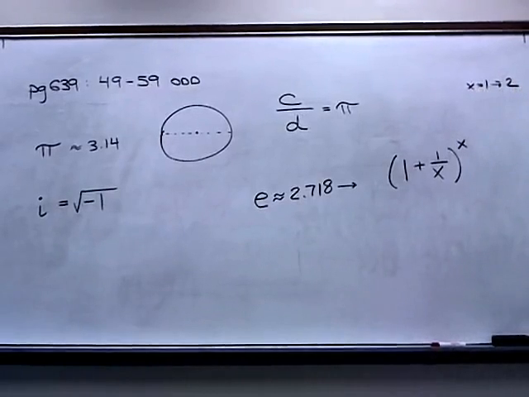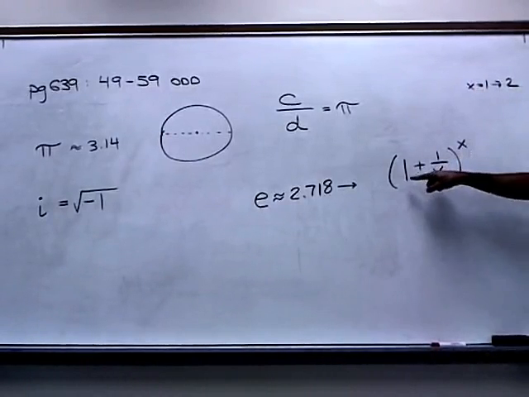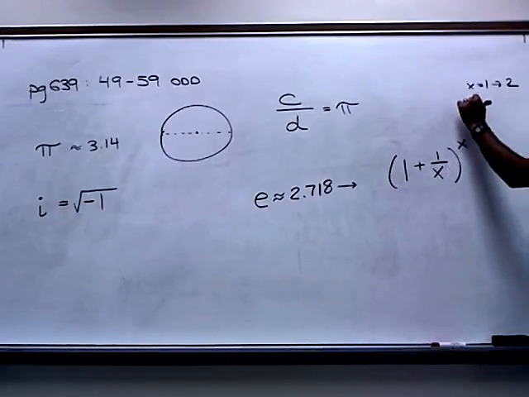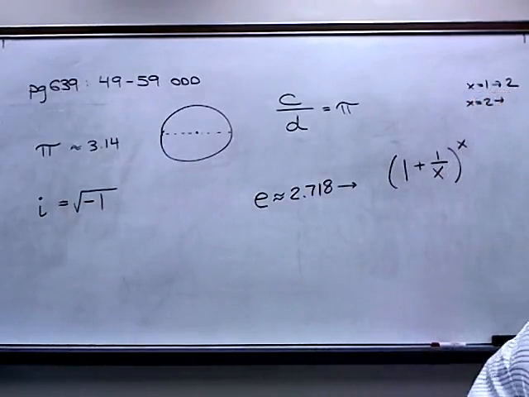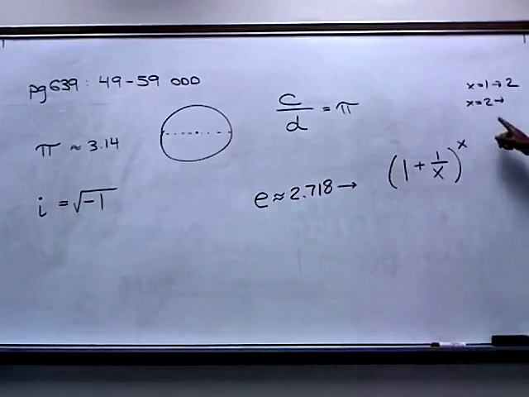But if I plug in a 2, I take 1 divided by 2, which is 1/2. 1 plus 1/2 is 1.5. Then on your calculator, raise it to the second power. So if x is 2, you take 1.5 and square it. You follow what I'm saying? Just plugging in a value of x equals 2. 1.5 squared is 2.25.